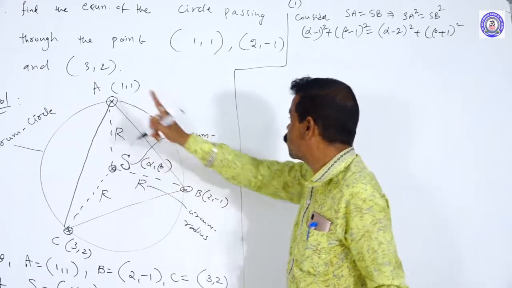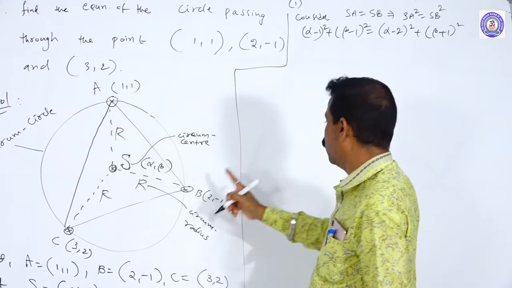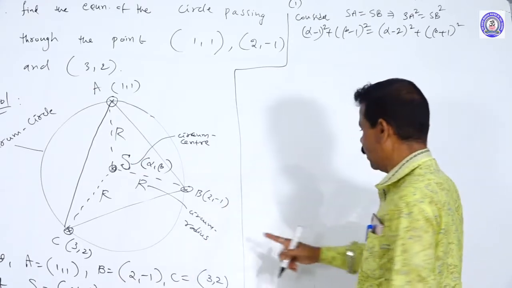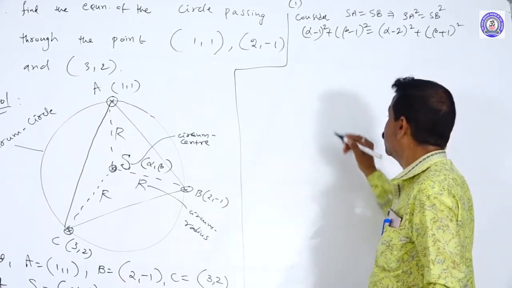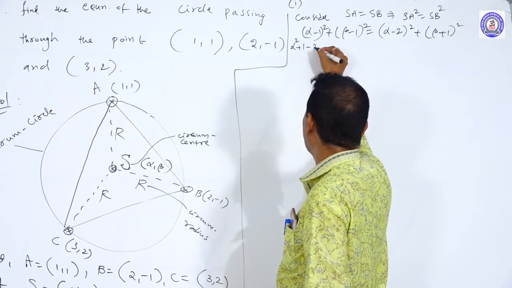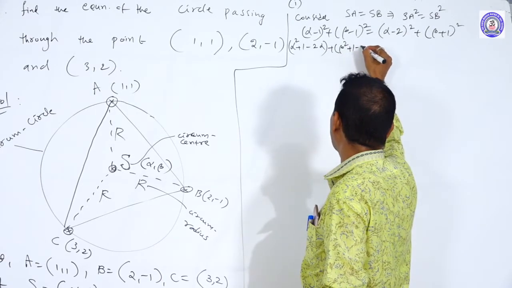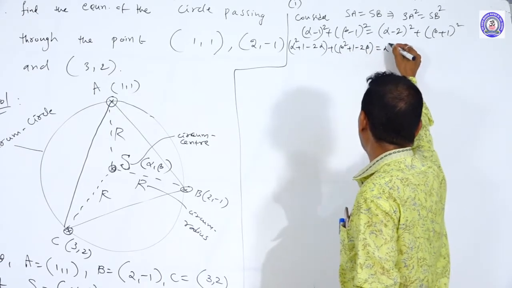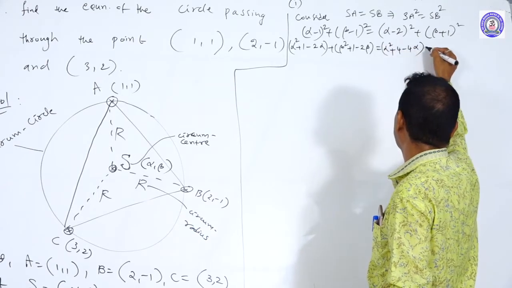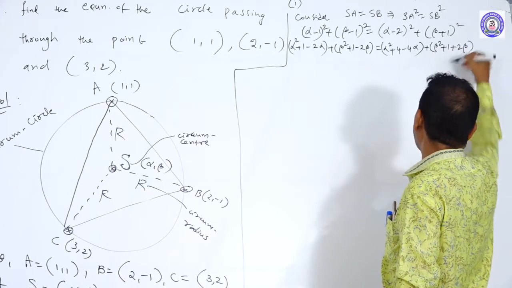Alpha minus 1 whole square plus beta minus 1 whole square is equal to alpha minus 2 whole square plus beta plus 1 whole square. On the expansion: alpha square plus 1 minus 2 alpha plus beta square plus 1 minus 2 beta is equal to alpha square plus 4 minus 4 alpha plus beta square plus 1 plus 2 beta.